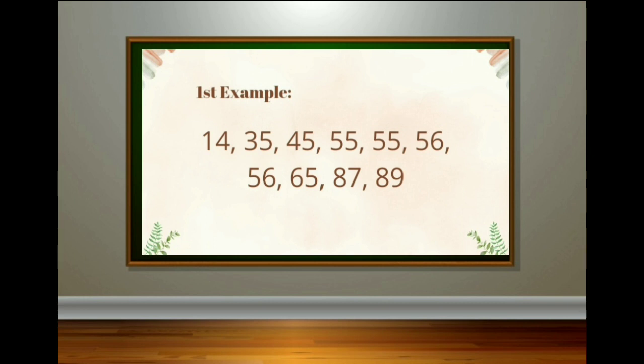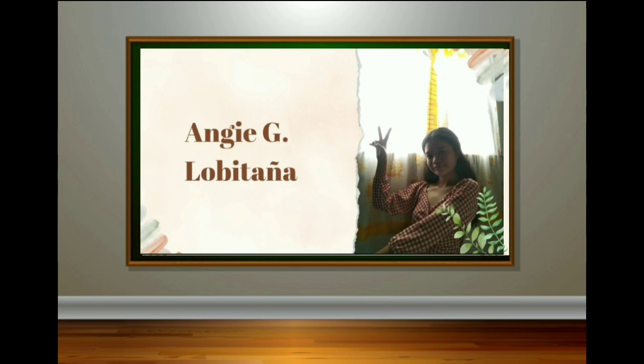And these are 55 and 56. These are the most frequent scores. And these two are our modes here. So since we found two modes in the given data set, the type of mode is bimodal. That's how to get the mode.